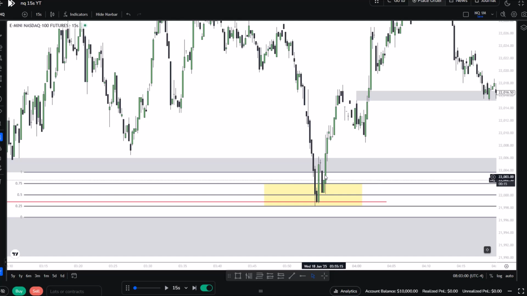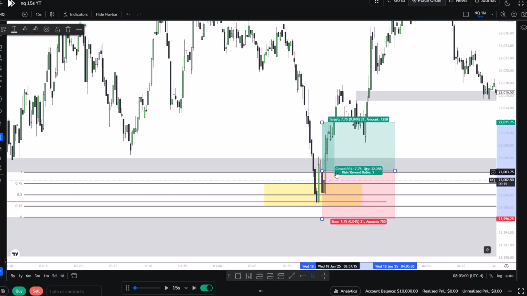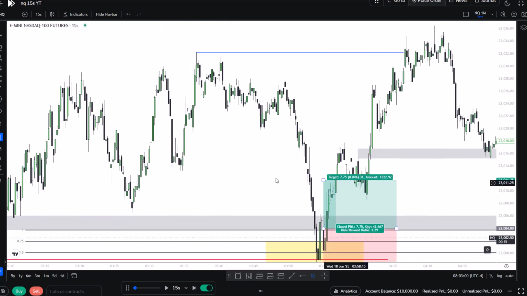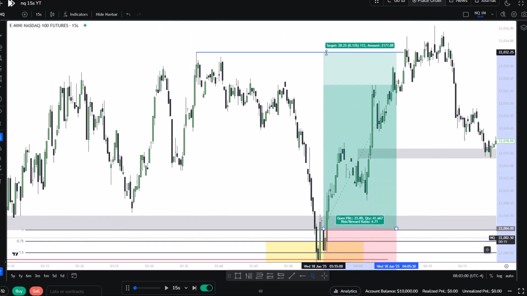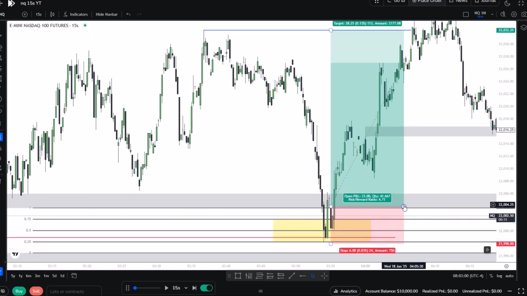So on this down close candle, on the opening price of this one, as soon as it opens, you can open long. Okay. As soon as this candle opens, you can go long immediately. Place your stop loss below the low and target the relative equal highs. Okay. That's 4.7R.